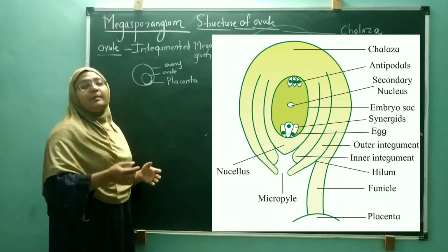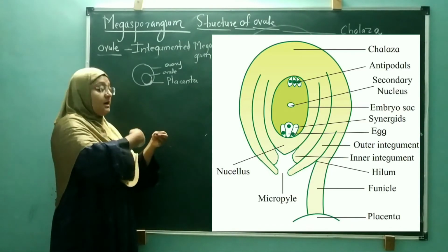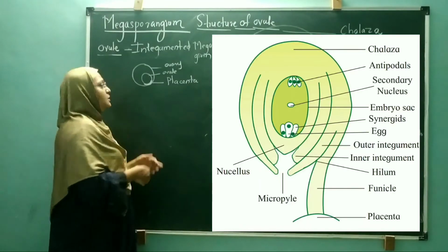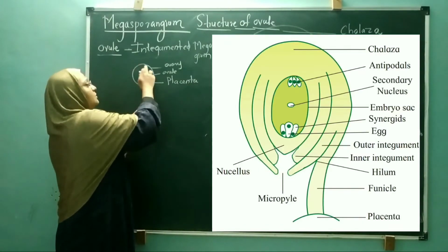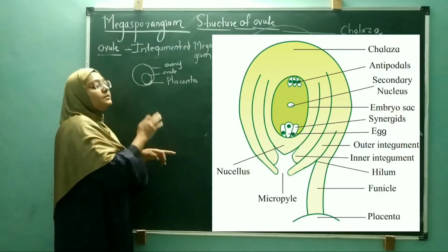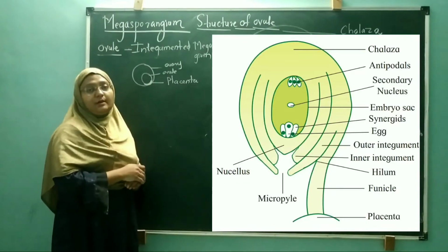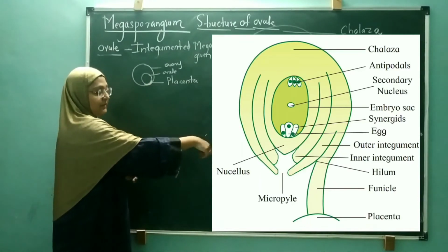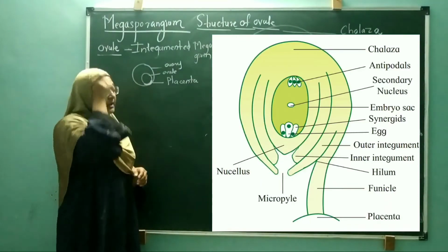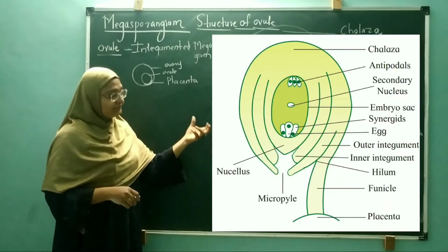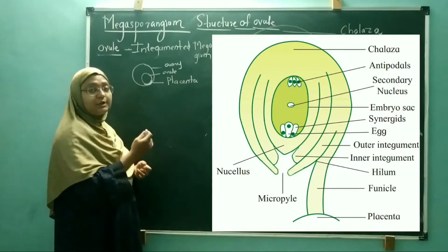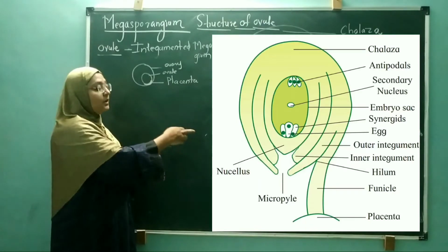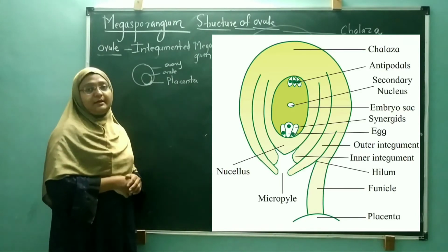These are the kinds of placentation, that is, the different arrangements of ovules inside the ovary. So the ovules are attached to the ovary via one region which is called the placenta, as mentioned in the diagram. The placenta is basically a fibrous kind of tissue which is present inside the ovary.